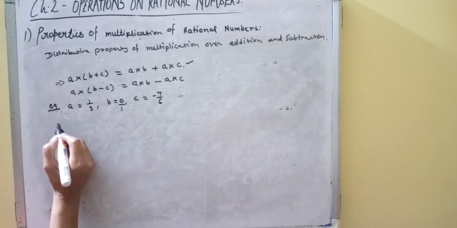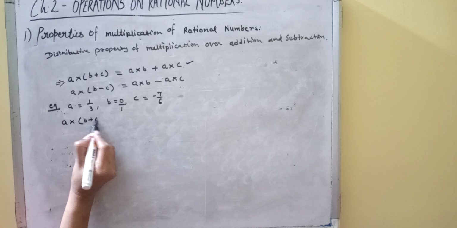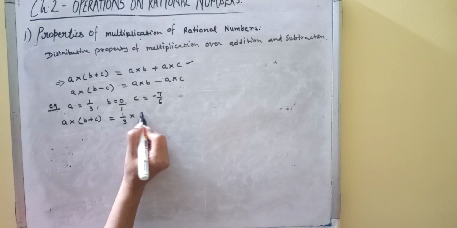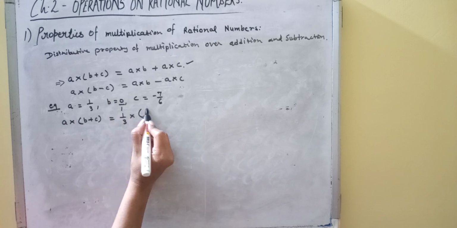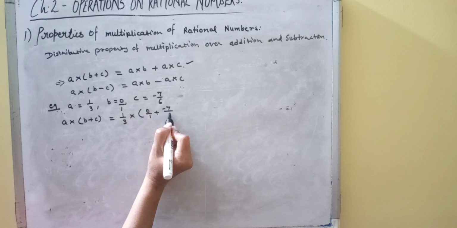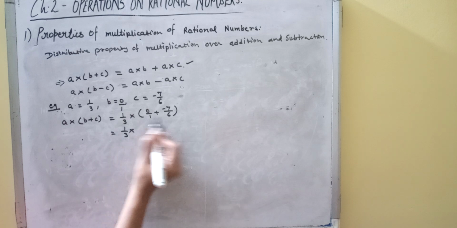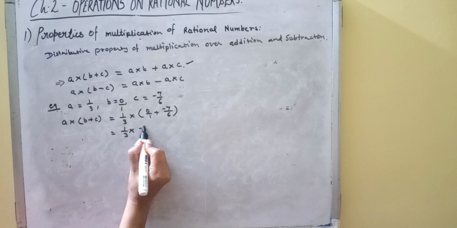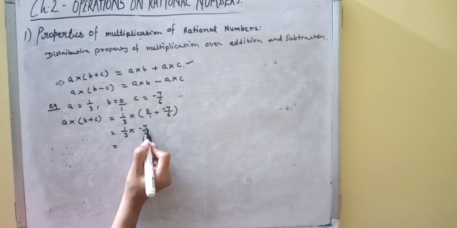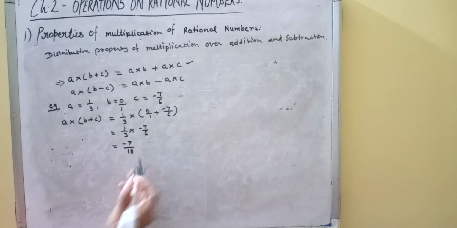Take the left hand side, that is a into (b plus c), that is 1 upon 3 into the bracket, b is 0 upon 1 plus c is minus 7 upon 6. So first we will solve the bracket, that is minus 7 upon 6. When we multiply 1 into minus 7, it becomes minus 7, and 3 into 6 is 18.